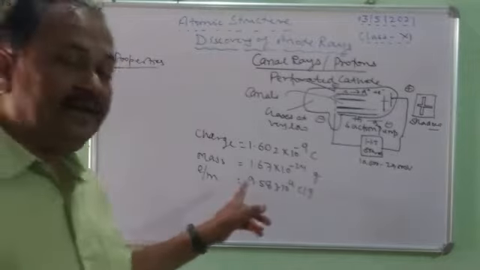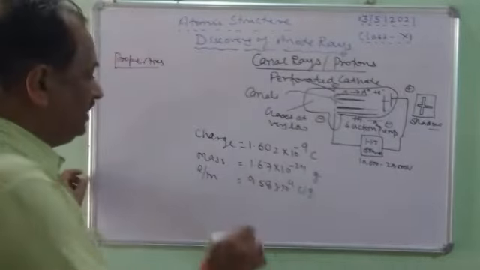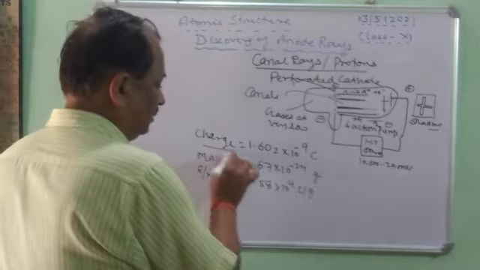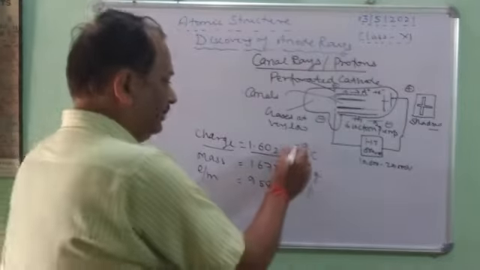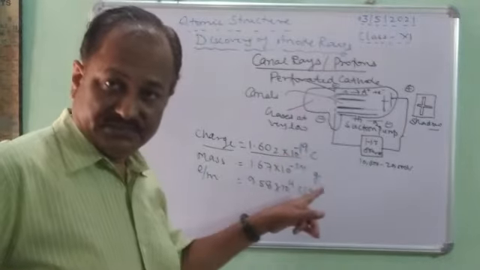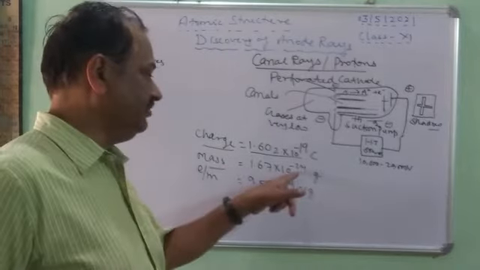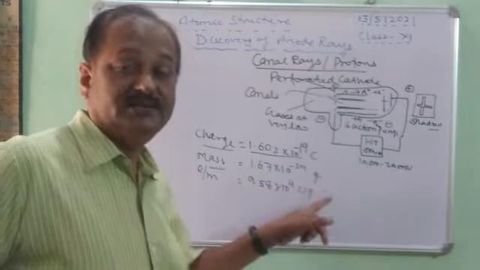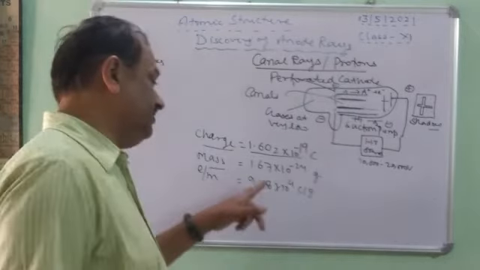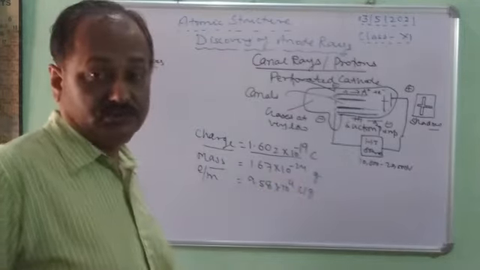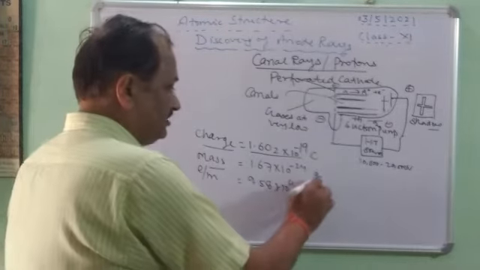Now the last portion, children, on the basis of experiments. Here the charge was found to be 1.602 × 10^-19 coulomb. This is the charge. Mass is 1.67 × 10^-24 grams. See, the mass is very, very heavy, and this mass is equal to that of the hydrogen atom.